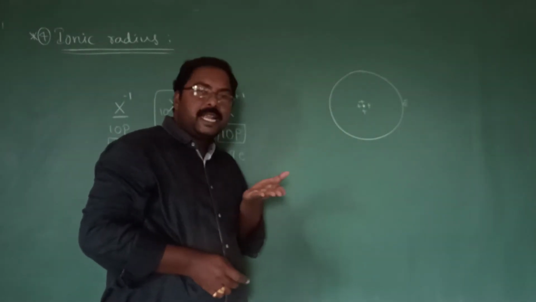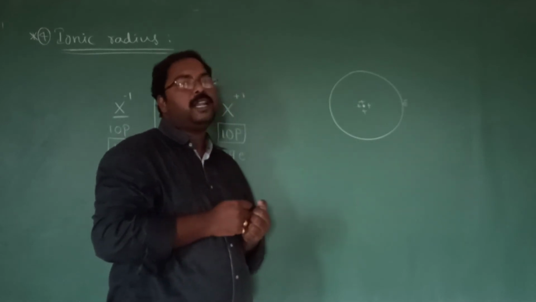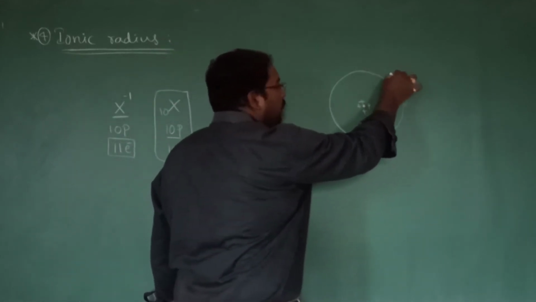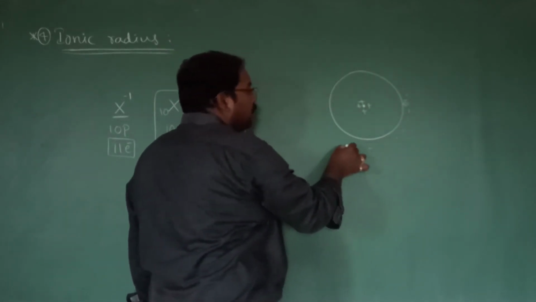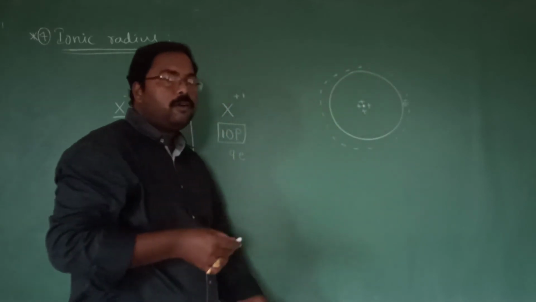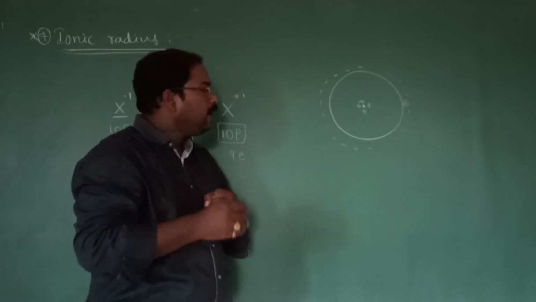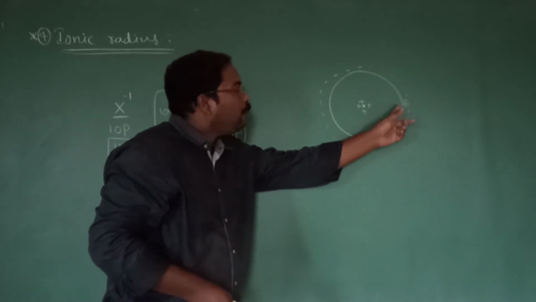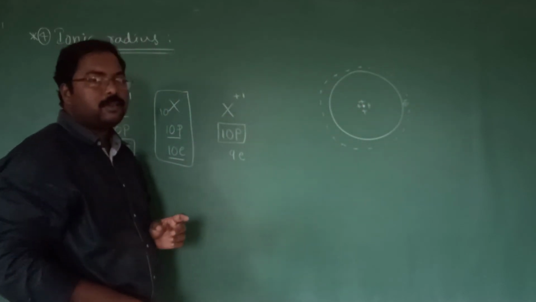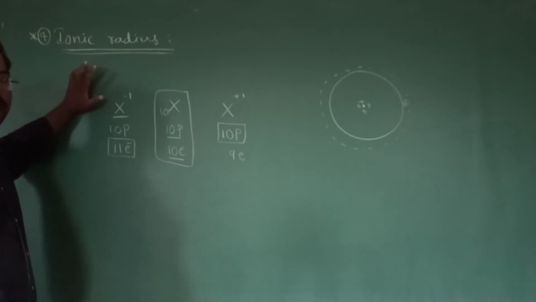So when this side has less strength, it cannot pull the other side strongly towards it. In that case, the electrons will be loosely packed. That is why the atomic size increases, and the radius also increases. Understood this point or not?